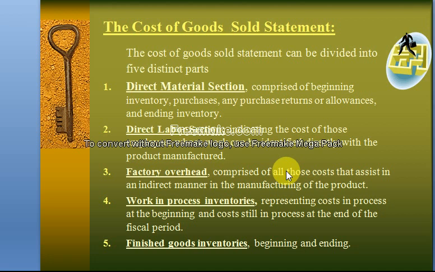In that case, the company purchases goods in completed form, but they have not yet been sold to the customers. So those are called finished goods. Or we can say that goods that have been purchased in completed form are known as finished goods or merchandise.